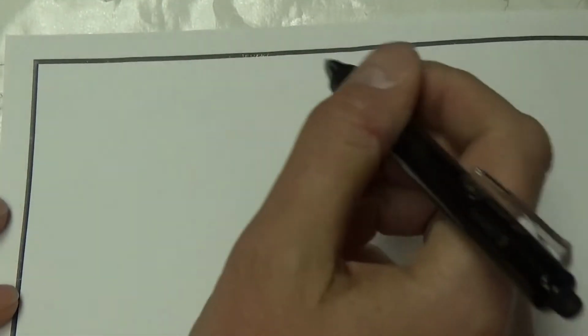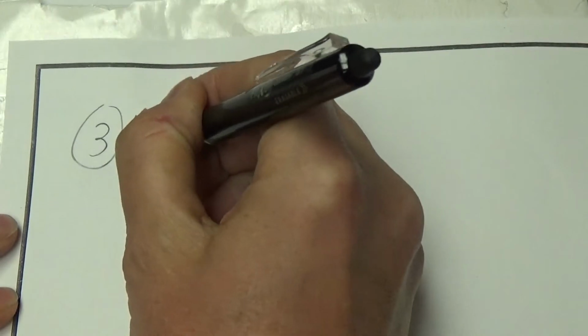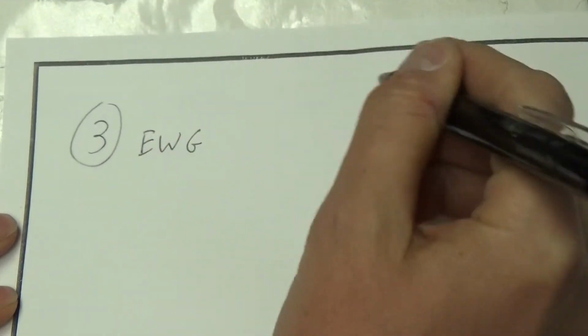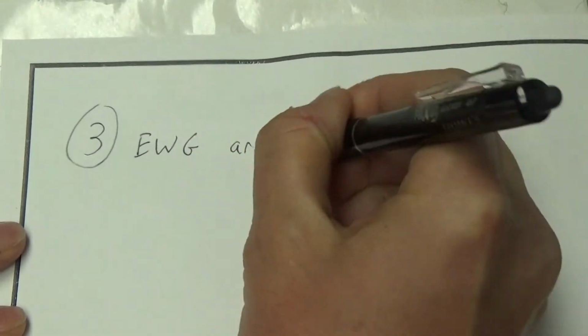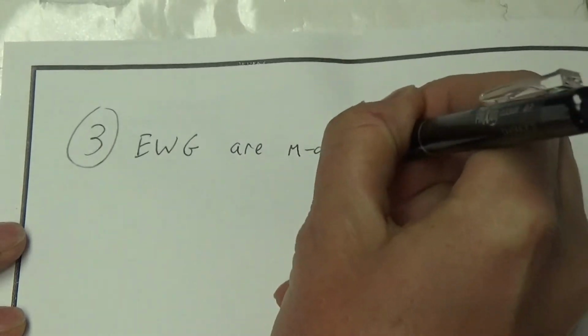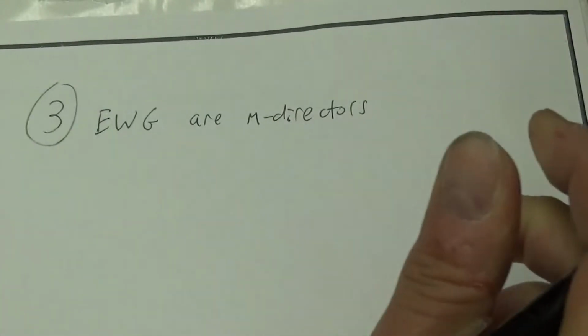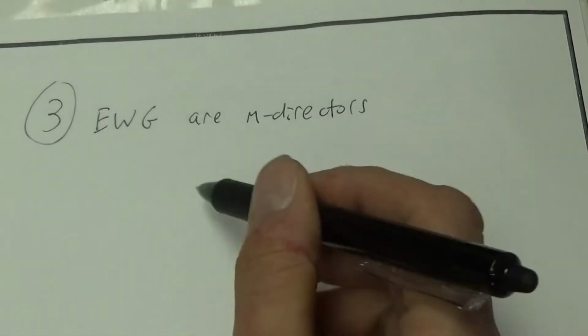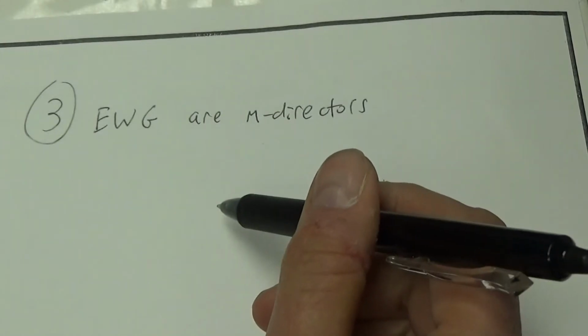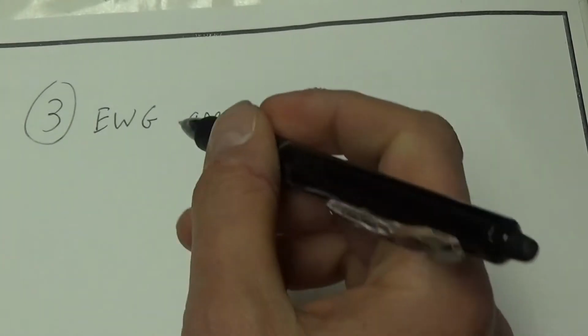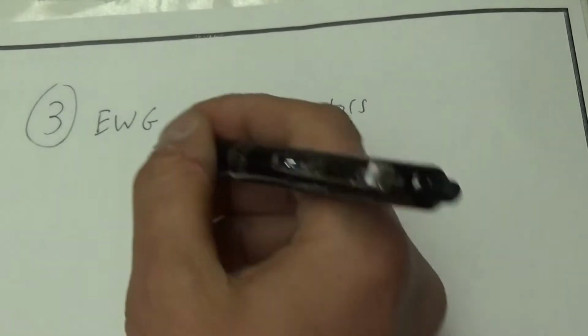We're still on number 3, which is that electron withdrawing groups are meta-directors. We explained why they're meta-directors in general terms with our little figure. Let's show a couple examples of this now.